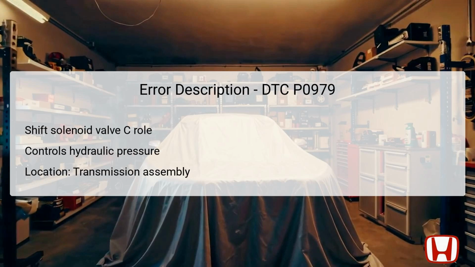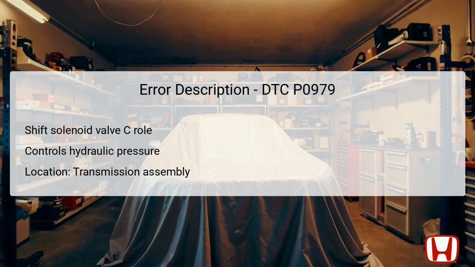DTC P0979 refers specifically to a malfunction involving Shift Solenoid Valve C, which is integral for regulating hydraulic pressure during gear shifts. The Shift Solenoid Valve C operates in combination with other solenoids, responding to commands from the Powertrain Control Module, PCM. This component is situated within the transmission, closely integrated with the transmission fluid pathways.